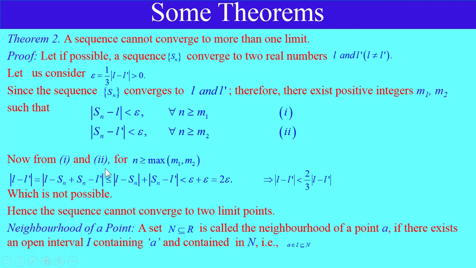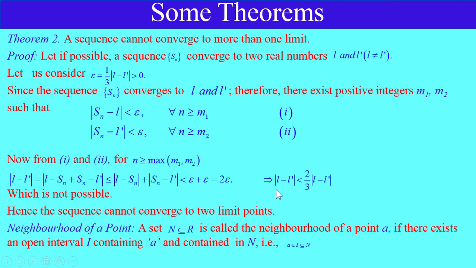Now from 1 and 2, for n greater than or equal to the maximum of m1 and m2, modulus L minus L dash is equal to modulus of L minus Sn plus Sn minus L dash, which is less than or equal to modulus of L minus Sn plus modulus of Sn minus L dash, which is less than epsilon plus epsilon, equal to twice epsilon.